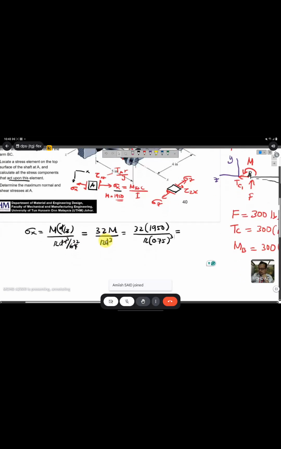Okay, and then we change the value. M is 1950. D is 3 over 4, which is 0.75 inch, cubed. Much easier if you cancel the parameters. Okay, fine.